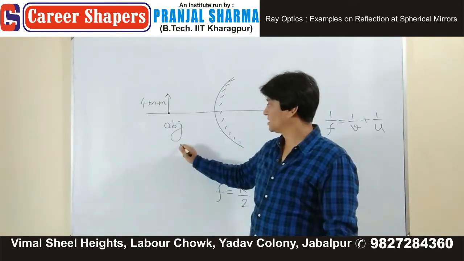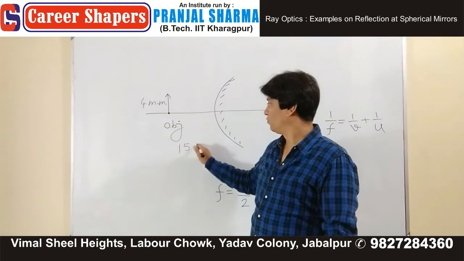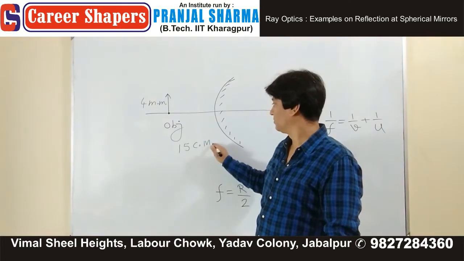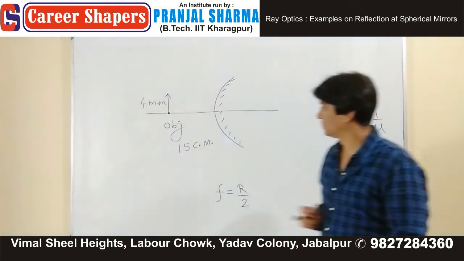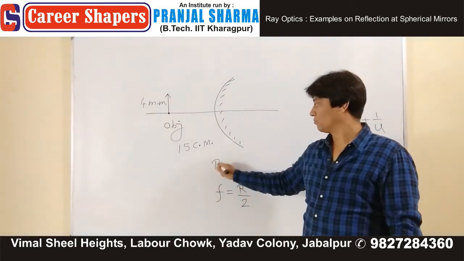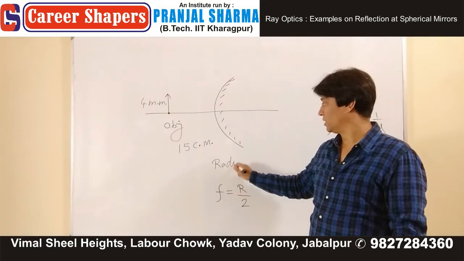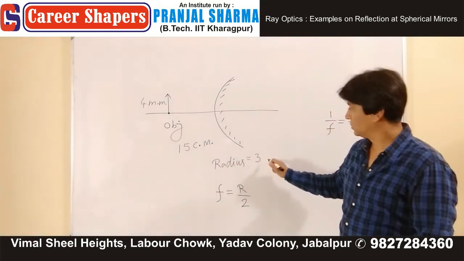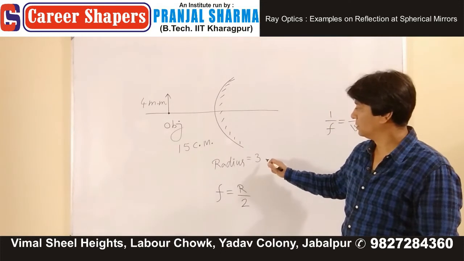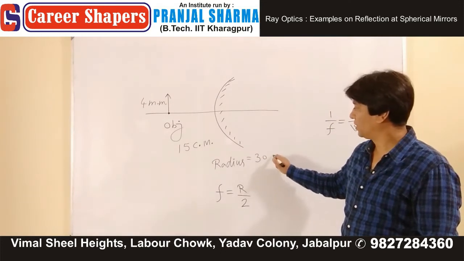It is at a distance of 15 centimeter from the pole, and radius of the mirror is 30 centimeter.